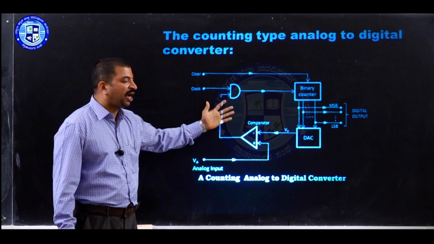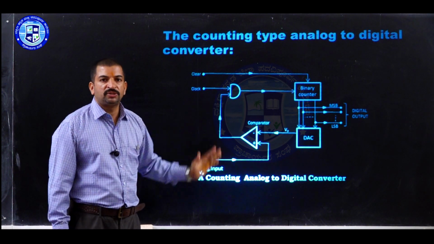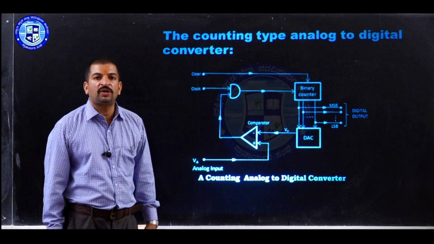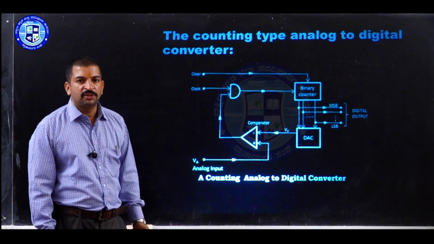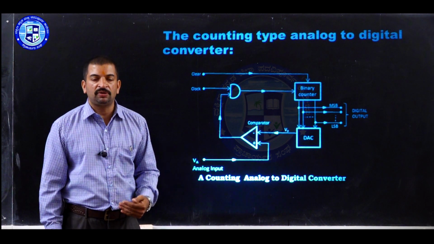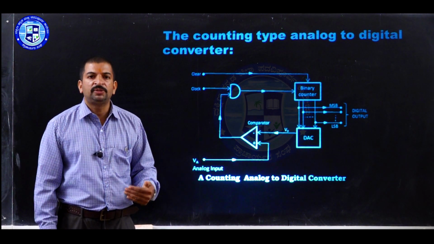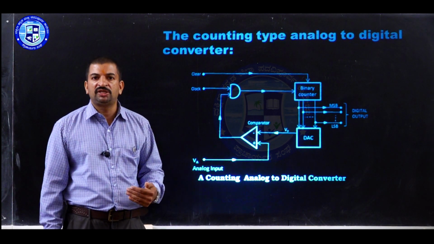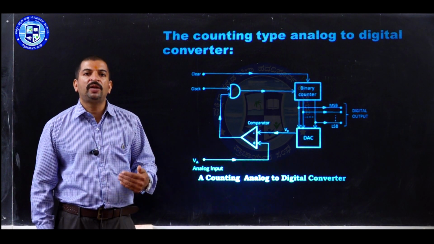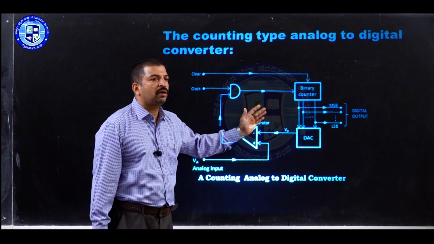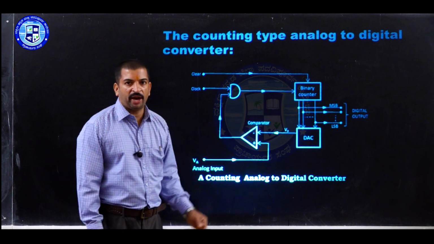So, as the AND gate keeps on generating the pulses, the counter keeps on counting in an up sequence. Say 0 0 0 0, 0 0 0 1, 0 1 0 0, 1 1 1 0, 0 1 0 1, 1 1 0 and 1 1 1 and so on. It keeps on counting in an up sequence.